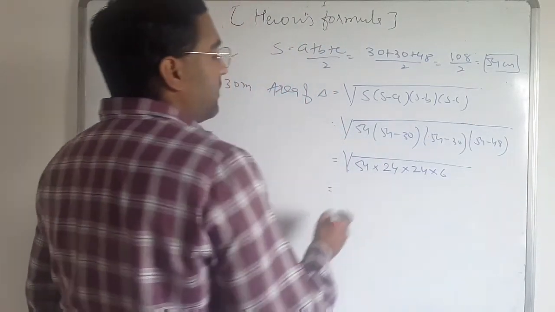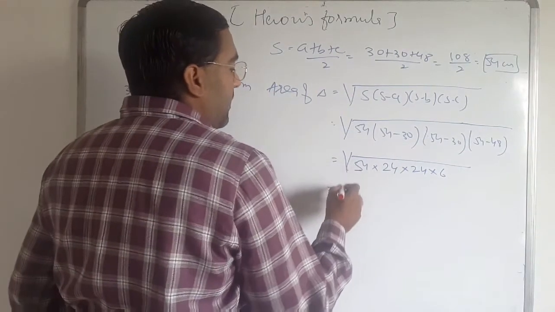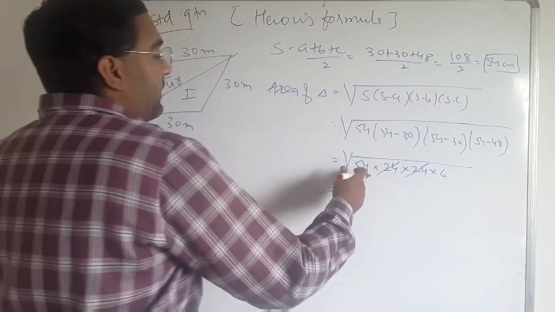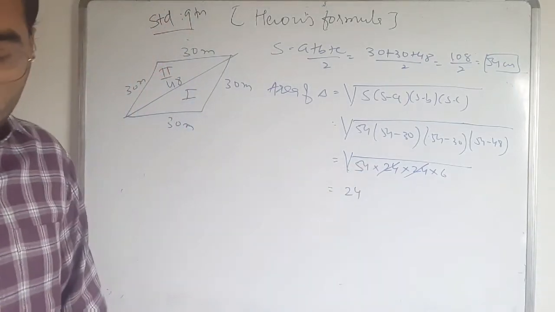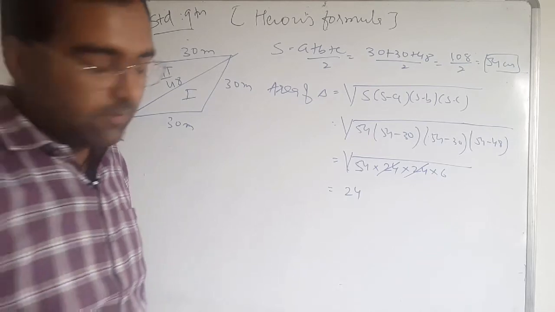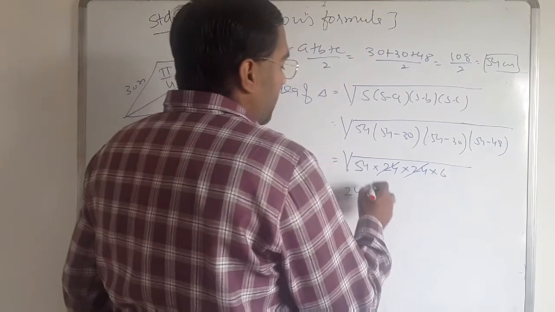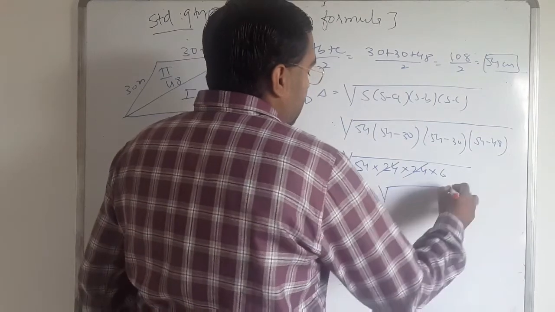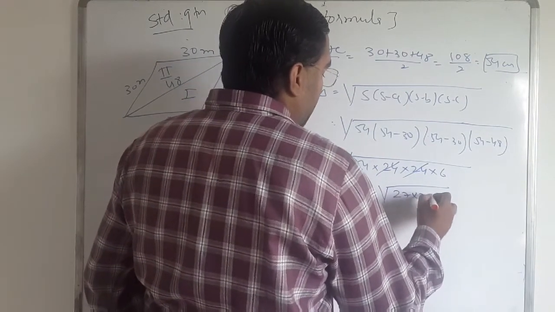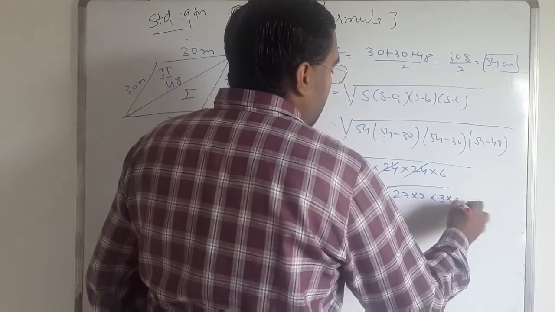Now we have to calculate this: take the pair of 24, and factorize 54 and 6 to get the simplest numbers. 54 is 27 twos are 54, into 3 into 2.